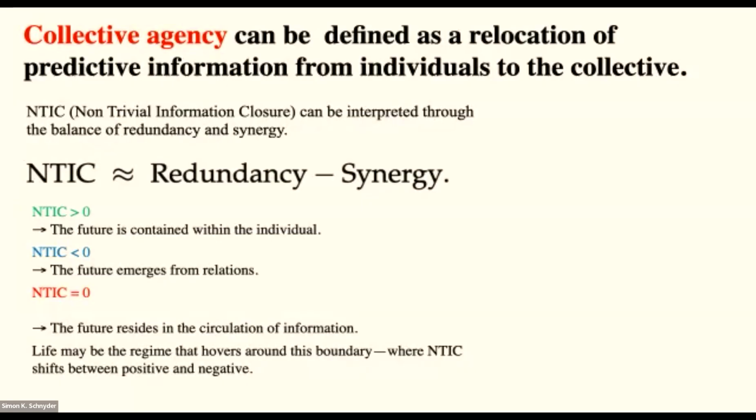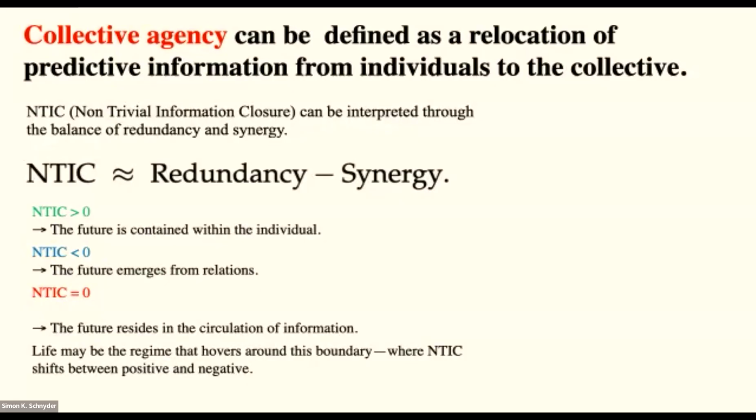So if this NTIC is positive, then the future is contained within the individual, because it moves around and the future state is based on your internal state. That's when NTIC is positive. But if the future is emerging from the relationship with others, then it goes negative.